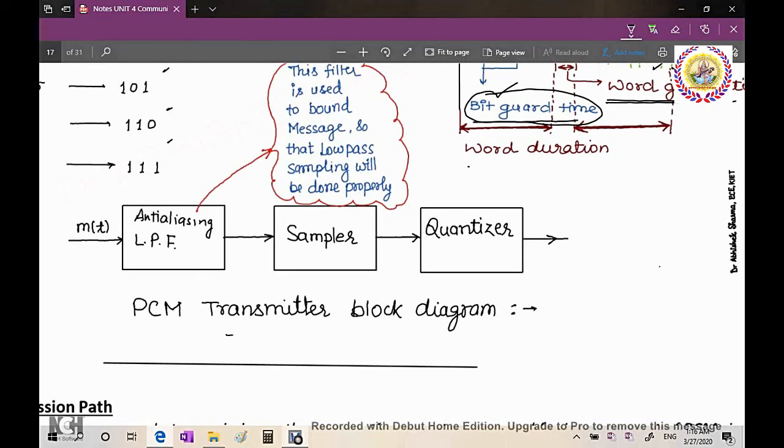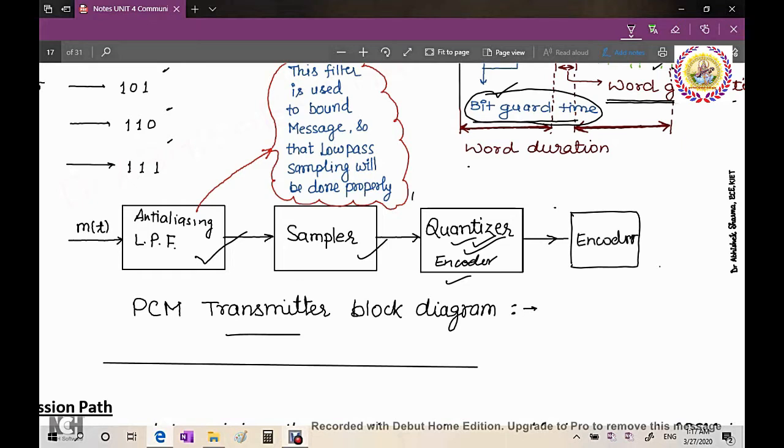This is again a PCM transmitter block diagram. Here we use anti-aliasing, sampler, and quantization. Sometimes the quantizer and encoder are the same block, the process of quantization and encoding is in the same block. So don't worry about it. You can also write that the output of the PCM will be in the form of bits, or you can use another block after the quantizer, and that block is the encoder.